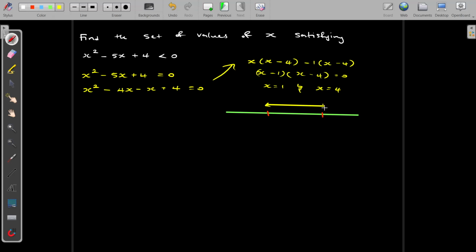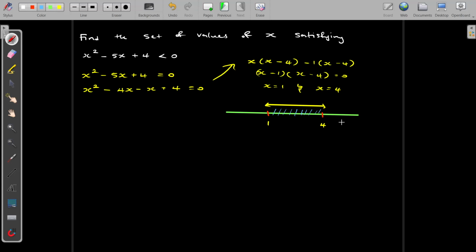So between 1 and 4 would be the region of interest. So right here would be where we're interested in, between 1 and 4. So now a sign table can actually help us to identify our solution set.